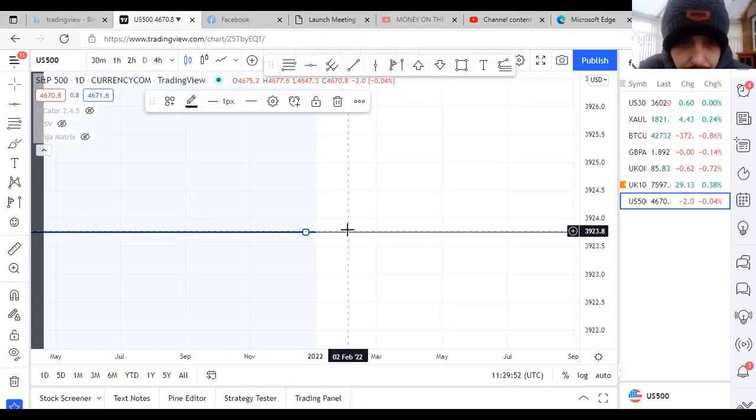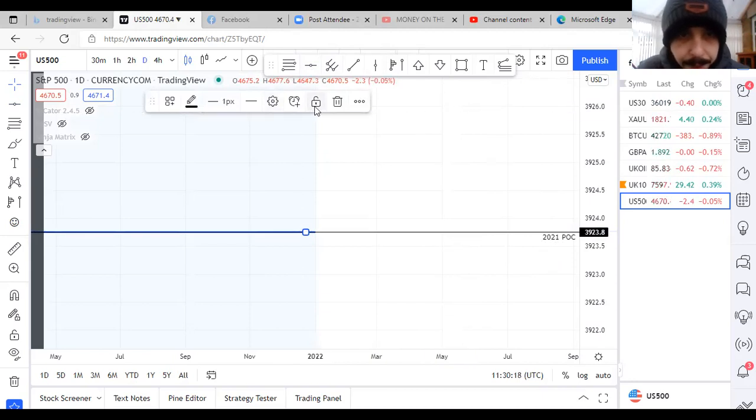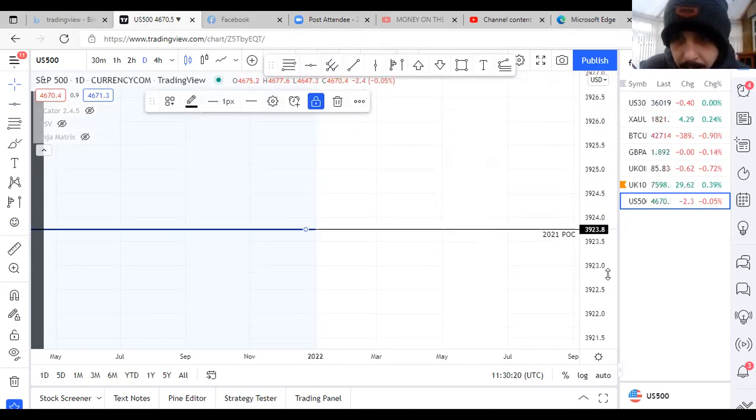That is the 2021 POC. Easy as that. Nice thin line, marked up. Block it off.